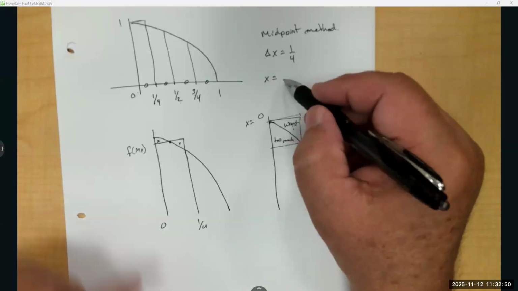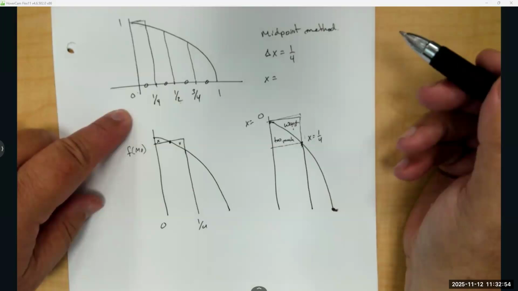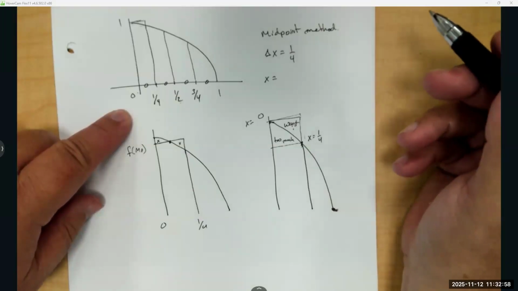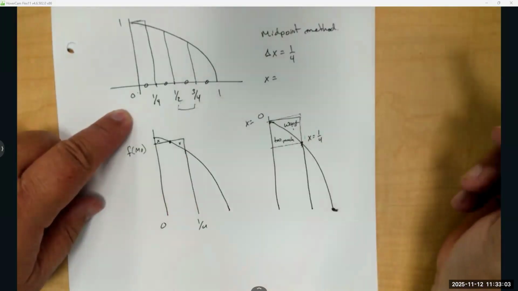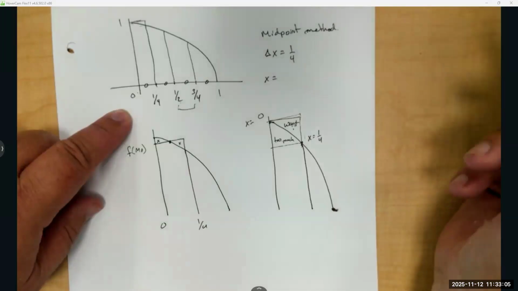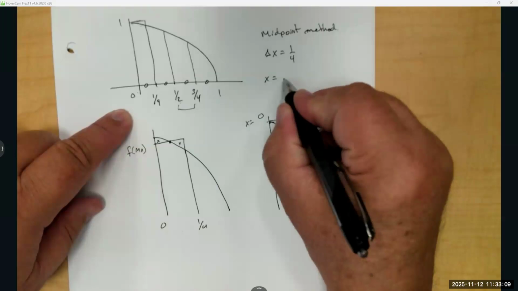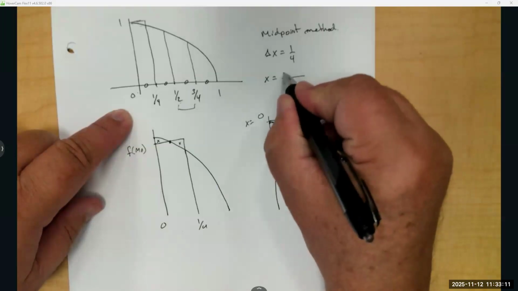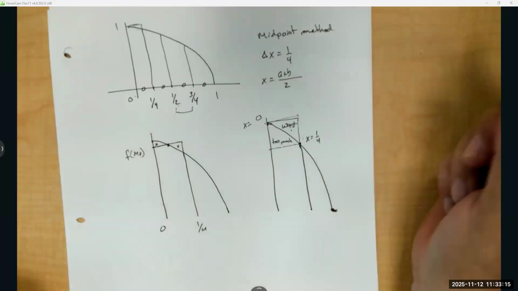So our x values, how do you find the midpoint between 0 and 1/4? Divide what by 2? 0. Okay, let's do it. What's the midpoint between 1/2 and 3/4? Ah, there's what I'm looking for. In order to find the midpoint, you take your 2 points, add them together and divide by 2.